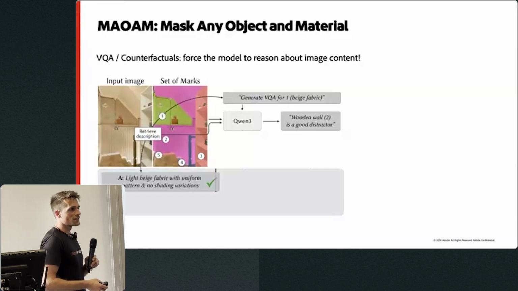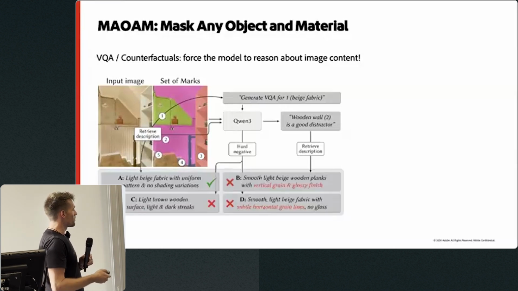You can't say red fabric, that would be too obvious. So the VLM has to come up with those distractors. Now it doesn't say light beige fabric, it says smooth light beige wooden planks with vertical grain and glossy finish. The part in red is the wrong part. All of those are a little bit correct, like smooth light and so on, but they all have something wrong in them.